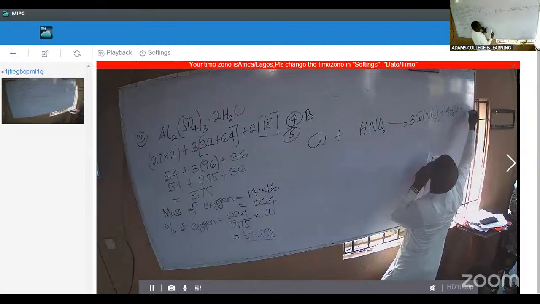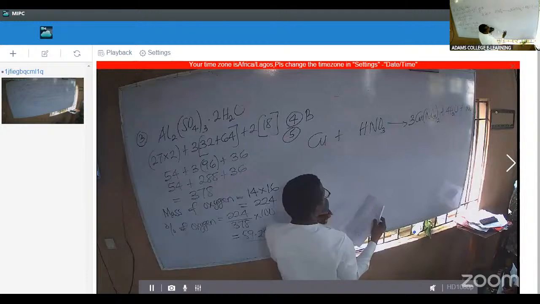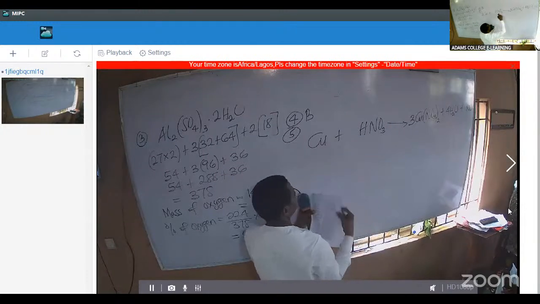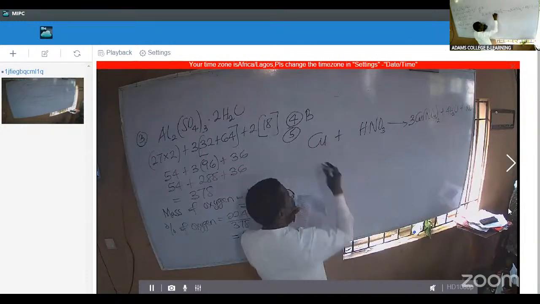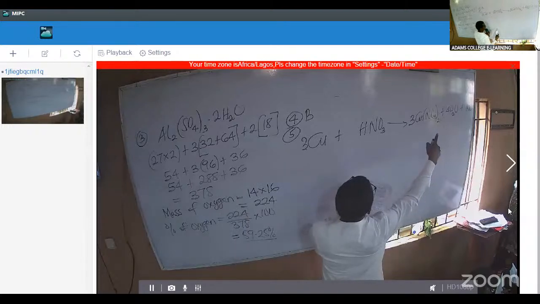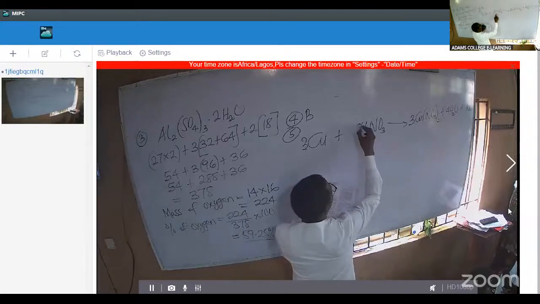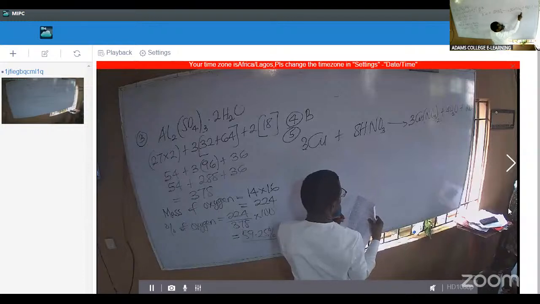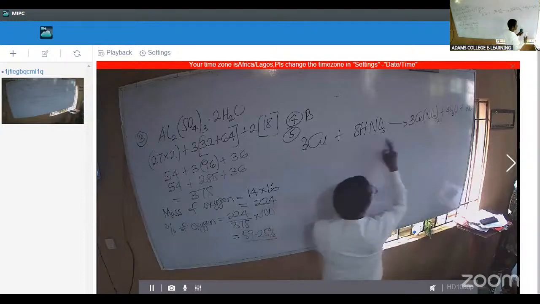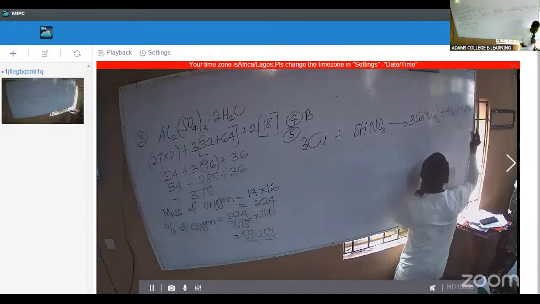What do they put? They put 3 where? Hydrogen are 8. So what will be here? Is it 8? Nitrogen are 8. We have 6 already. What will be here? So that's why it's 8 and 2. D.